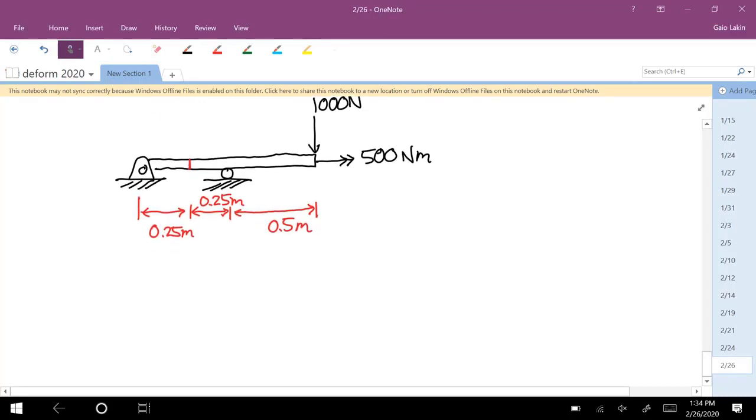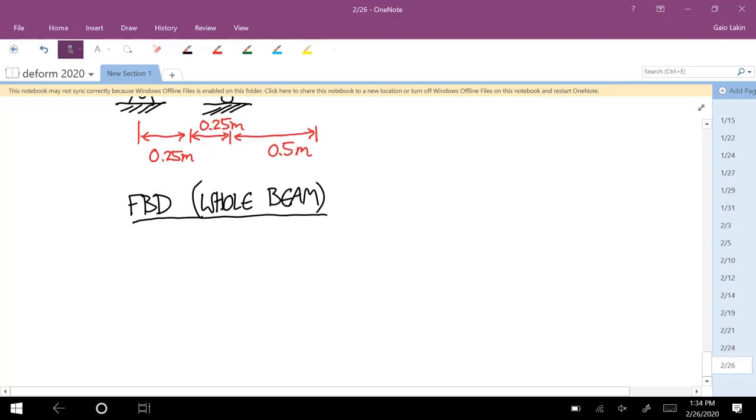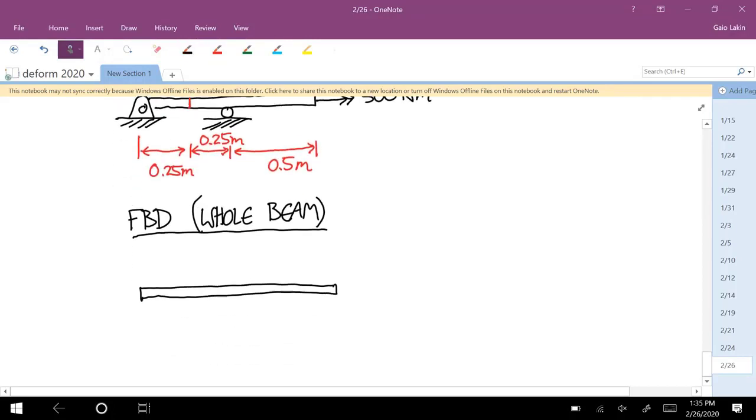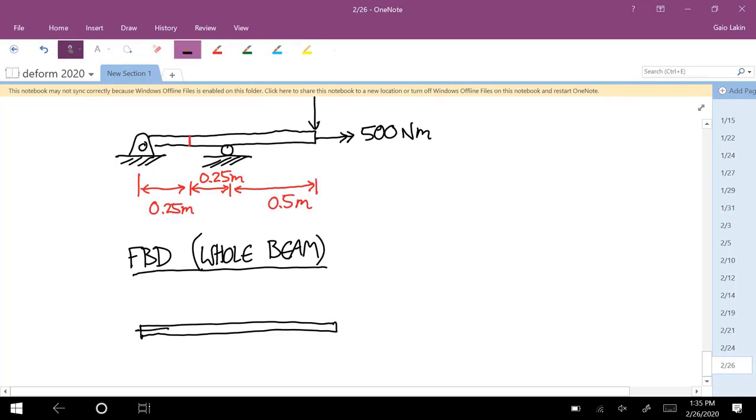Okay, so the first thing we have to do is calculate the external loads. So first I'm going to do a free body diagram of the whole beam. There is an unknown reaction force from the pin.